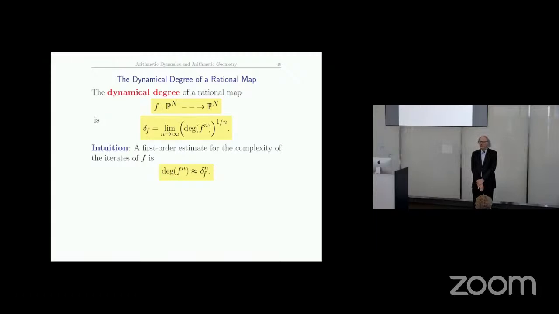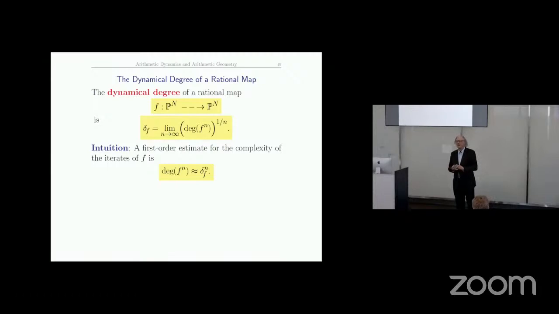And the intuition on this is, if you move the nth root to the other side there and forget about the limit, the degree of the nth iterate of the function is roughly the dynamical degree to the nth power. So if the dynamical degree is 1, for example, the growth is not exponential. If it's bigger than 1, the growth is exponential.